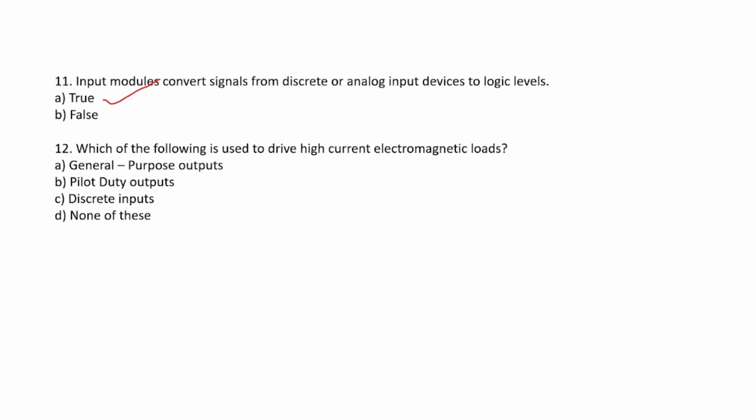Pilot duty outputs are designed to drive high current electromagnetic loads such as solenoids, contactors, relays, and starters, and these outputs can supply the necessary current to energize the coils of these devices and switch them on or off as required. So the right option is pilot duty output.